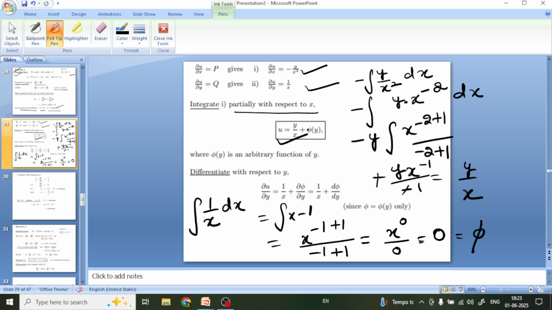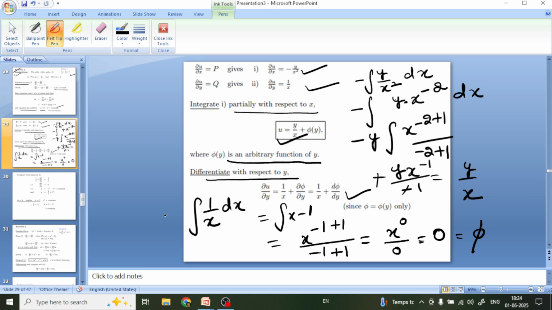So that's why we write phi(y), where phi(y) is an arbitrary function of y. When we differentiate with respect to y, you will see the partial derivative of u with respect to y is equal to 1 over x plus the partial derivative of phi, which is 1 over x plus d phi over dy.